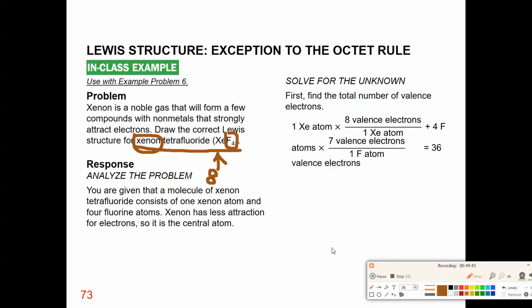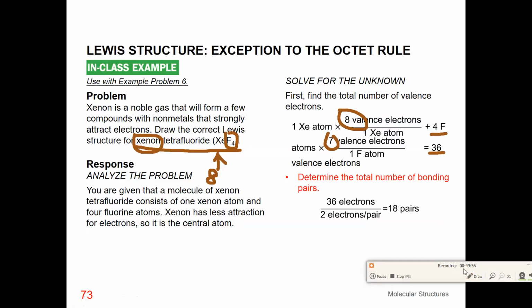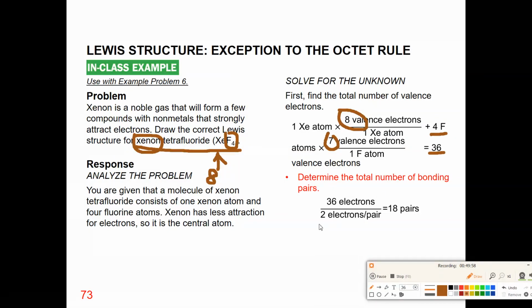So we can figure out this structure. Xenon has 8 valence electrons, fluorine has 7, and there are 4 fluorines. The total is 36 valence electrons. 36 divided by 2 gives 18 pairs.